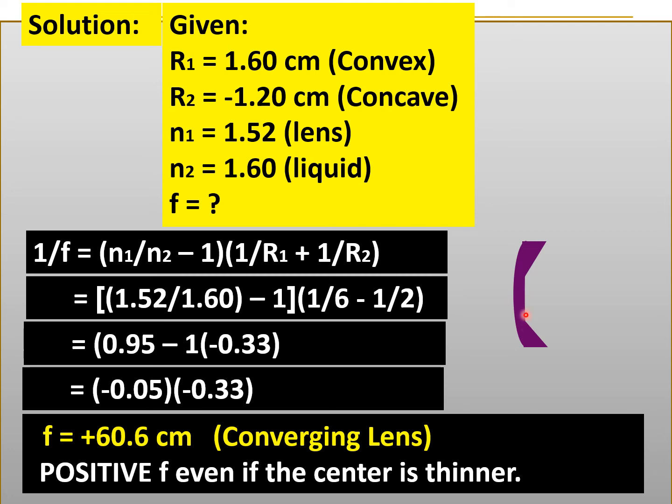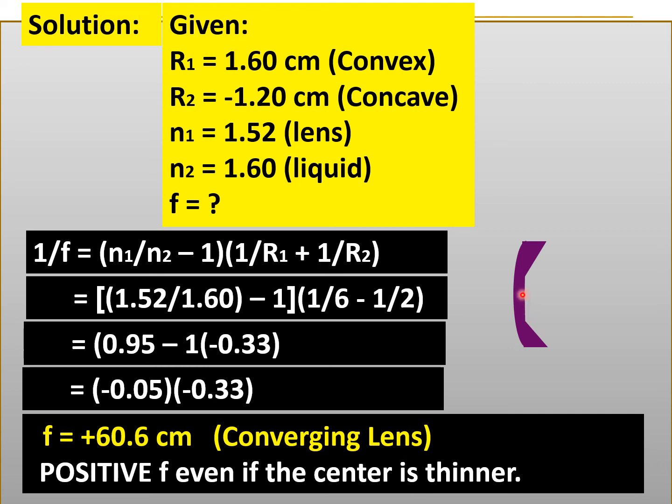Supposedly, if a lens has a thinner geometric center, it must be a diverging lens by definition. But why is it that our computed f is positive, so that we came up with our conclusion that it is a converging lens? A positive focal length, even if the center is thinner.